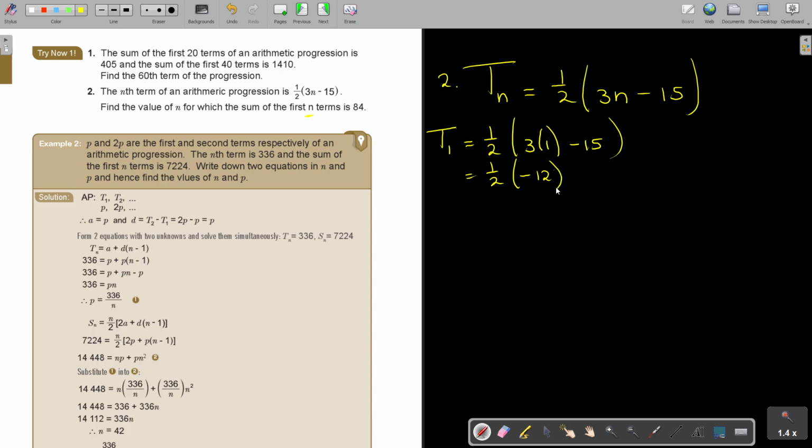But the answer is going to be negative 6. Then T1, so that will also be the value of A. So the value of A is negative 6.